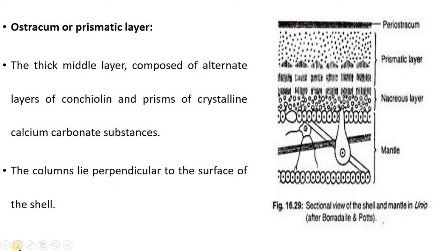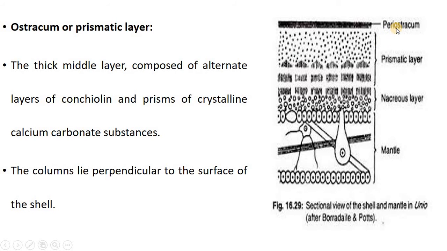The middle prismatic layer, or ostracum, is a thick middle layer composed of alternate layers of concholine and prisms of crystalline calcium carbonate. The columns lie perpendicular to the surface of the shell. Now this is the sectional view of the shell in the case of Unio.